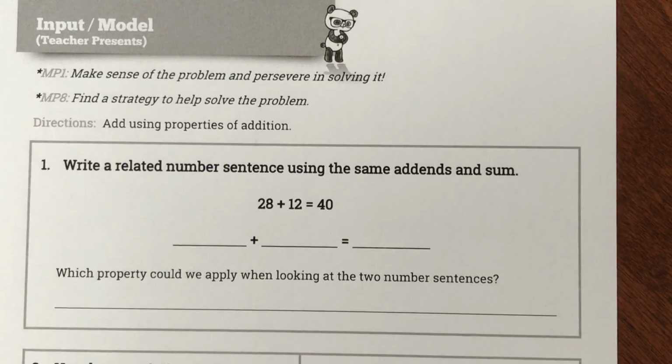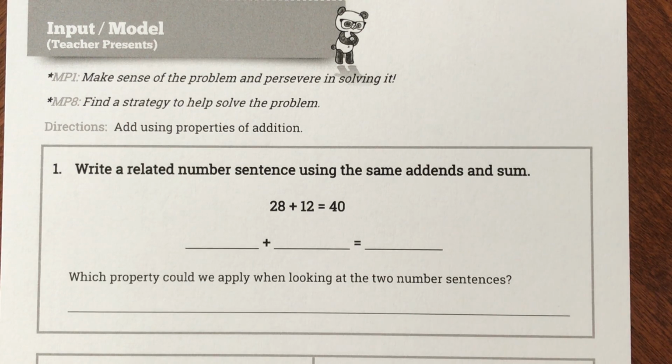Here is my first problem, and it says, write a related number sentence using the same addends and same sum. Okay, so I have here, says 28 plus 12 equals 40. How could I write another number sentence?